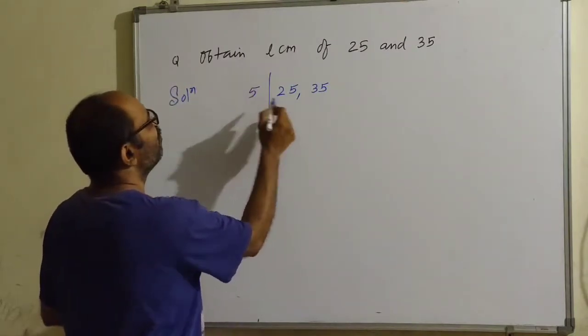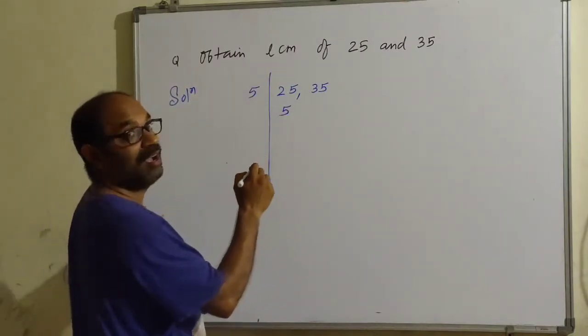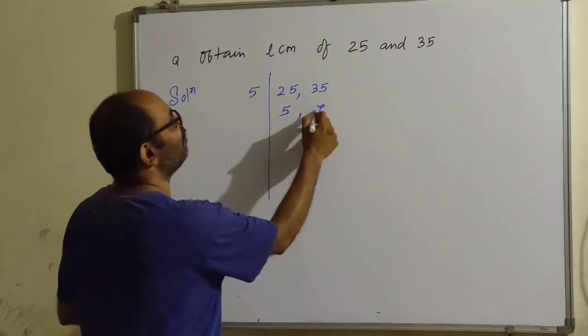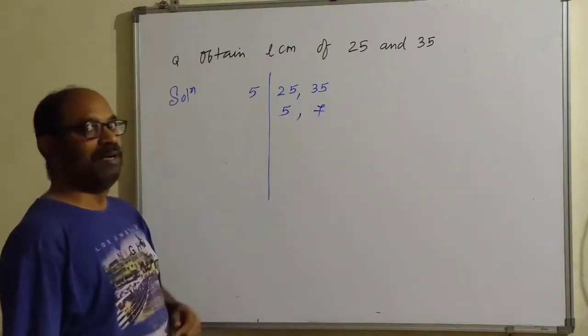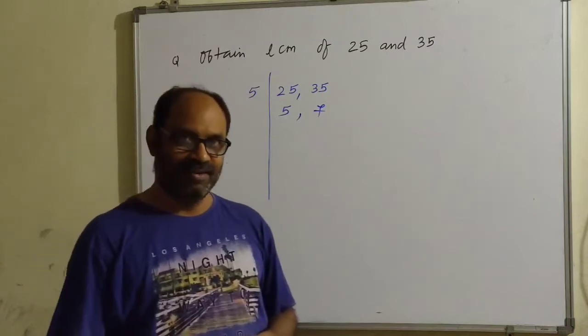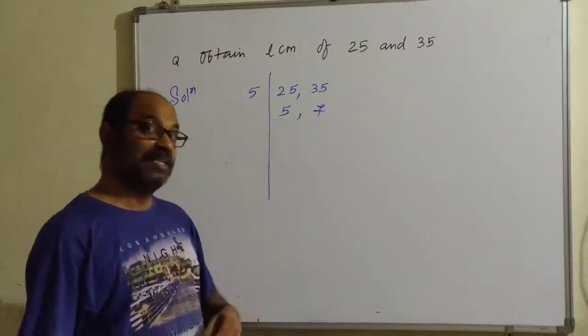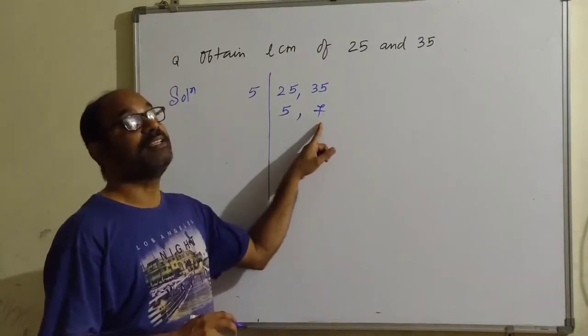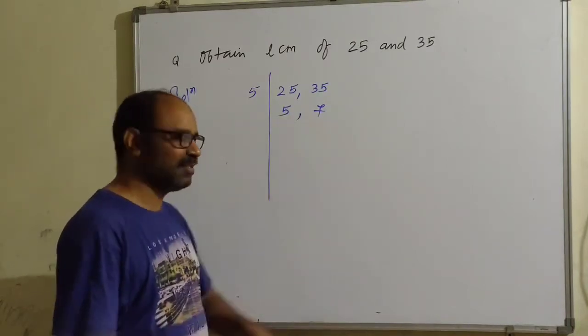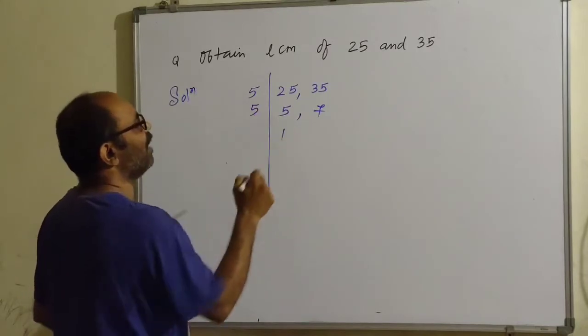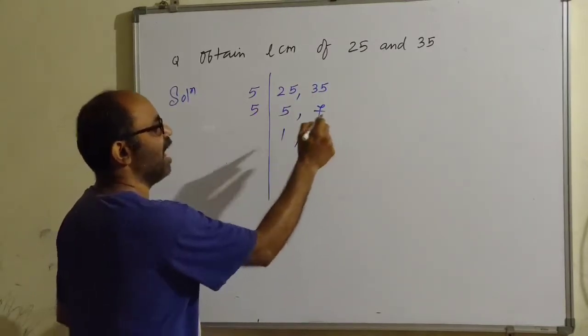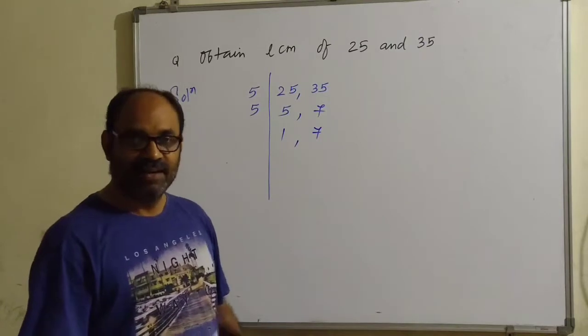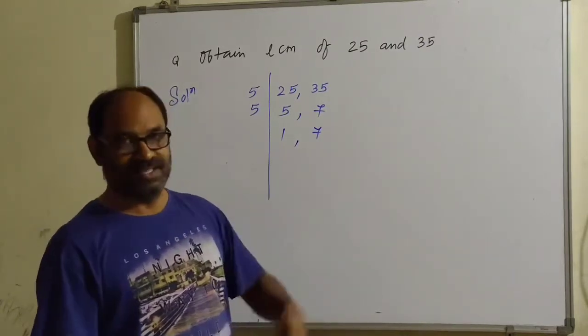So put 5. 5 5s are 25, comma, 5 7s are 35. So the two new numbers you got are 5 and 7. Check whether any of the two numbers is divisible by 5. Yes, 5 is divisible, 7 is not. So 7 will remain as it is. 5 1s are 5. And 7 will remain as it is. Alright. Now the two new numbers you got are 1 and 7.